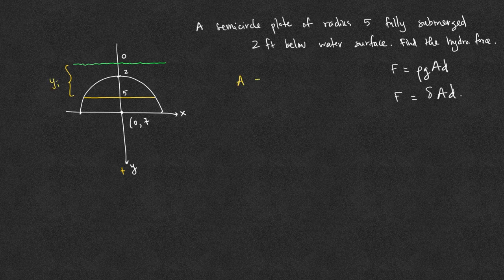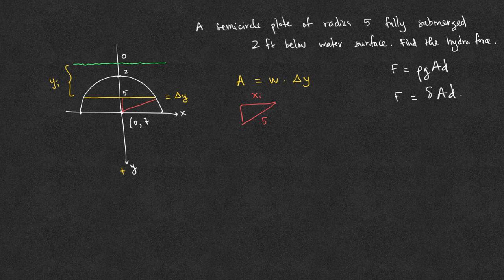The area of the slice is the width times the delta y, the delta y being the thickness of the slice. If we were to find the width, we use the right triangle as shown in the figure. With this right triangle, the hypotenuse is the radius of the circle, which is 5. The width is twice the horizontal side. In this case, we would label this x sub i for now.